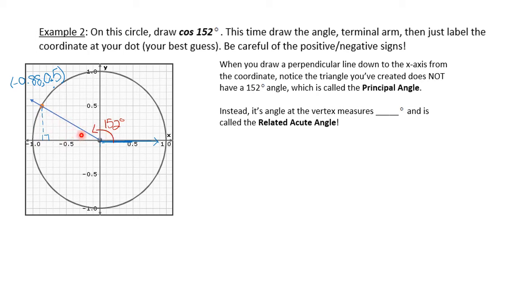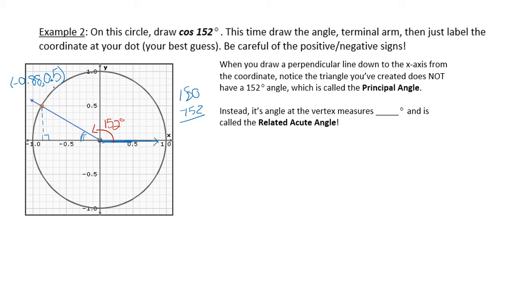So if this is 152, what does this little angle in here measure? That's the related acute angle. So the angle at the vertex that I've created that is part of my triangle, what does it measure? To figure out what it measures, we're just going to do 180 subtract 152, and that's going to give us this measurement in here.